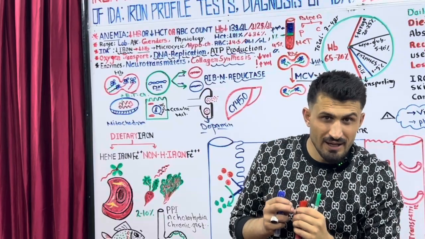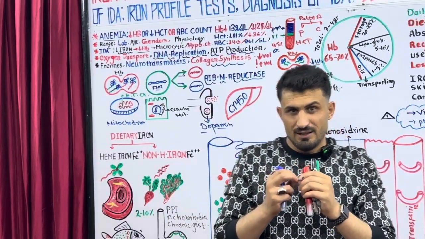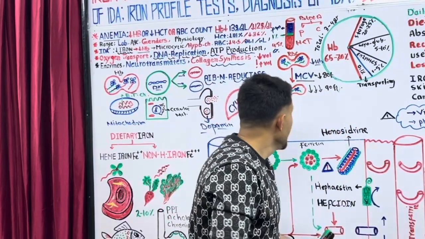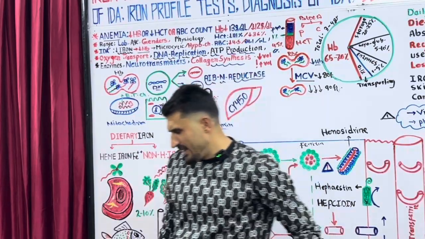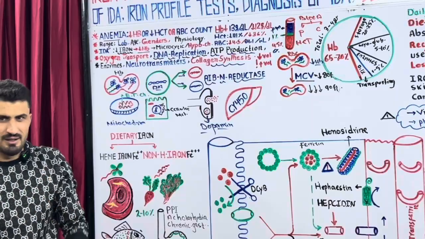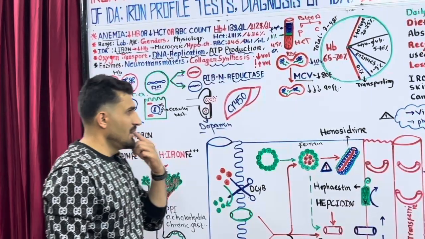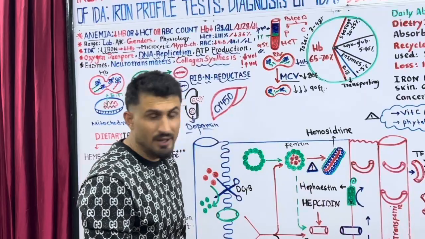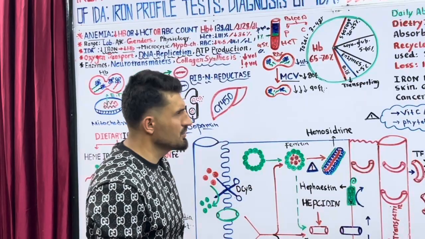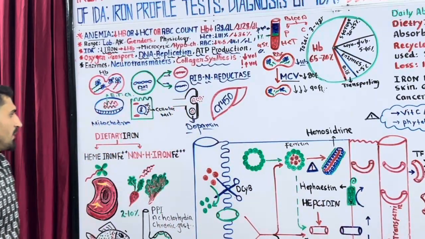This is called koilonychia. So this spoon-like nail is due to less collagen synthesis. Okay, and other signs and symptoms, fissures near the oral area, also develop due to less collagen synthesis. We'll talk about them in the next part.